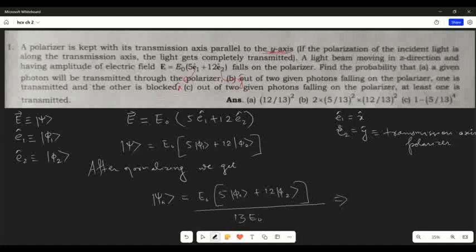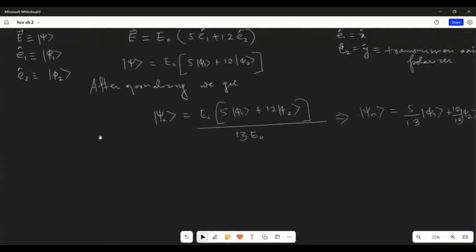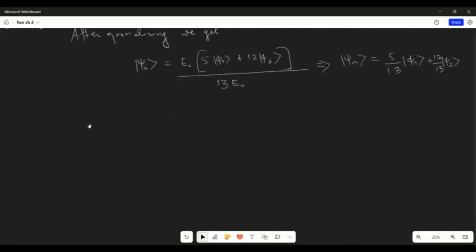So basically psi normalized is 5 by 13 ket phi 1 plus 12 by 13 ket phi 2, and ket phi 2 is along the y direction, that is along the transmission axis of the polarizer.